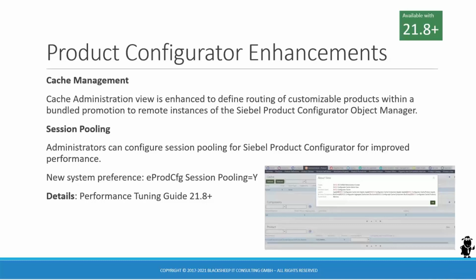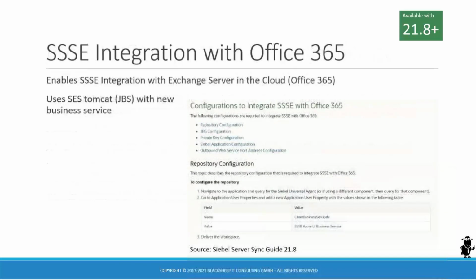Also there's a session pooling setting, so it's obviously reusing sessions better, not creating new sessions every time, improving performance in that area. If anyone in the audience uses product configurator, they might want to drop some comments on that. That area has been improved and documented, and in the Bookshelf you'll find information about that.